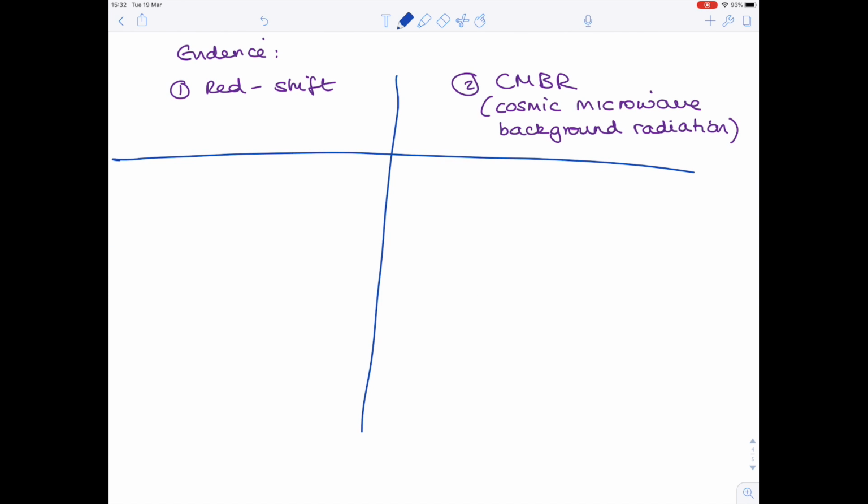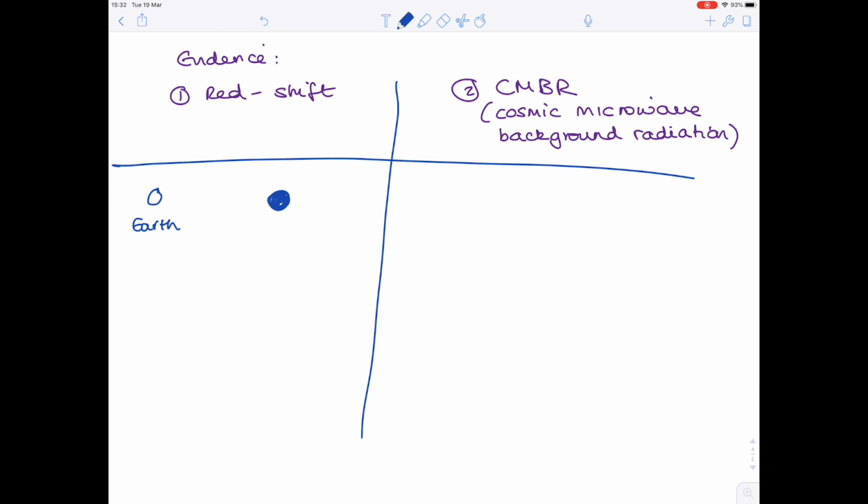So redshift is quite a hard concept to understand, but basically because we think that the universe is expanding, it means that we think that distant galaxies are moving further away from us. So if we're stood on Earth over here, I'm going to pick one star in one galaxy over here, and remember the stars are luminous, they emit light which can be picked up by telescopes on Earth.